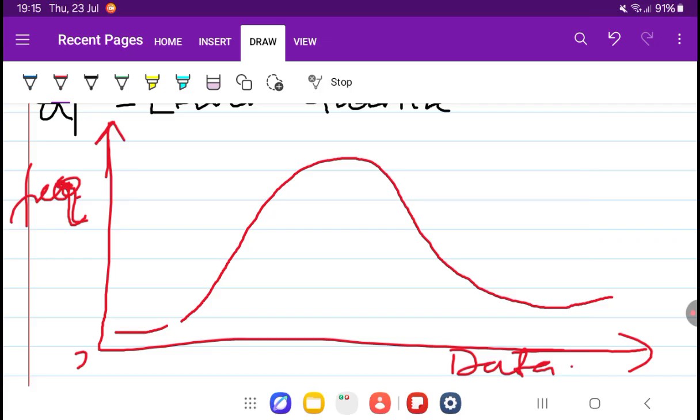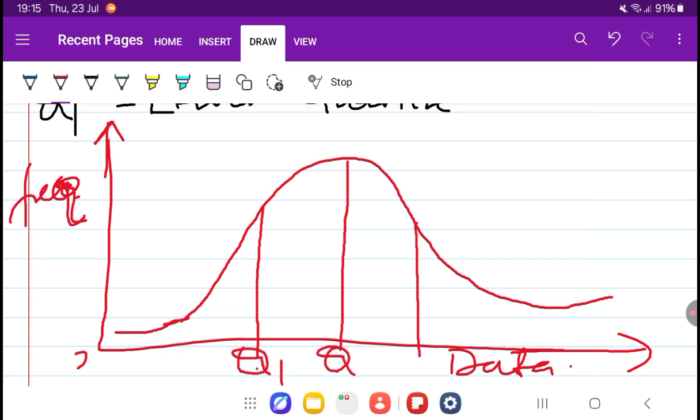Let's assume that this is our first slice on the data. This is the second in the middle, then the third on this side. So this will be our Q1, Q2, and then Q3.